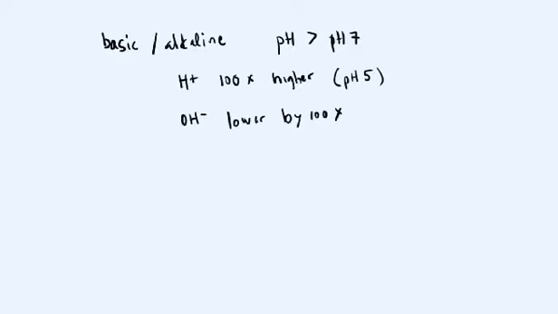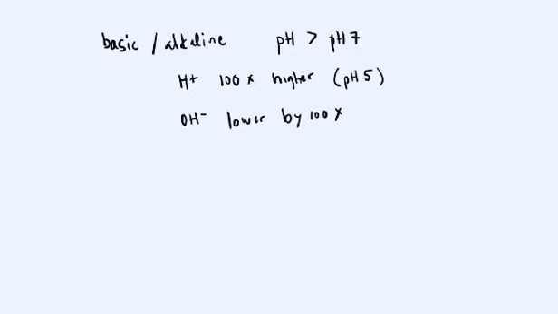Okay, so the general idea here is that as the hydrogen ion concentration changes, for example, if we were to make the hydrogen ion concentration 100 times higher, therefore making our solution pH 5 relative to pH 7, then the hydroxide ion, OH minus, is going to be lower in concentration by the same factor. So OH minus is going to be lower by 100 times as well.